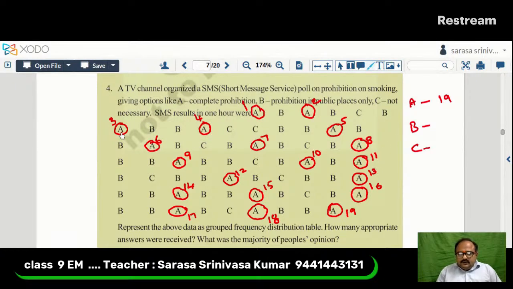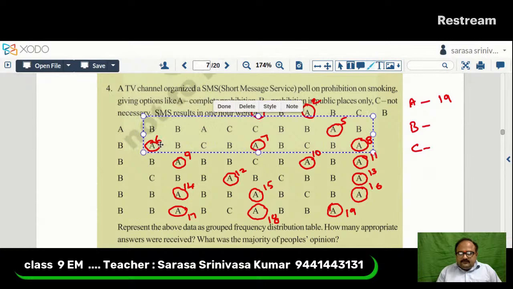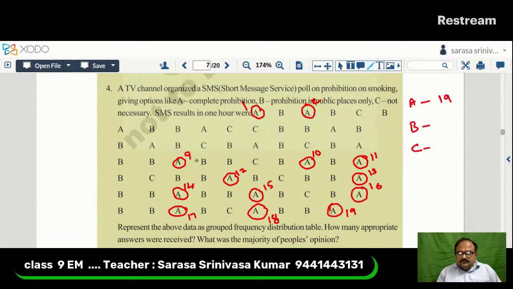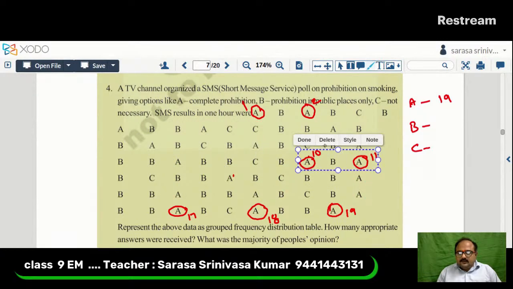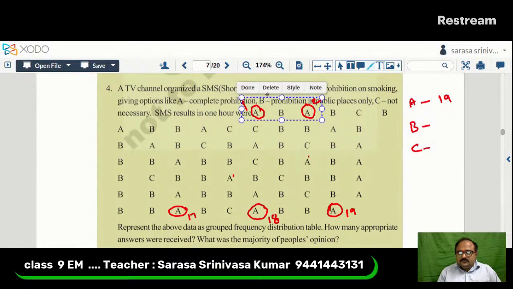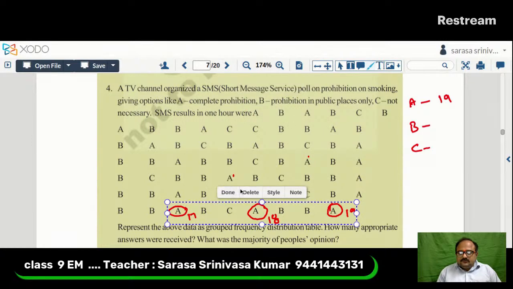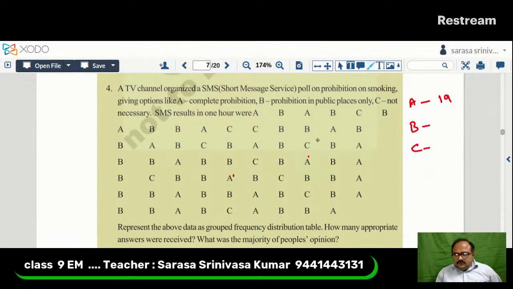Now let us count how many B's are there. That is prohibition in public places only.